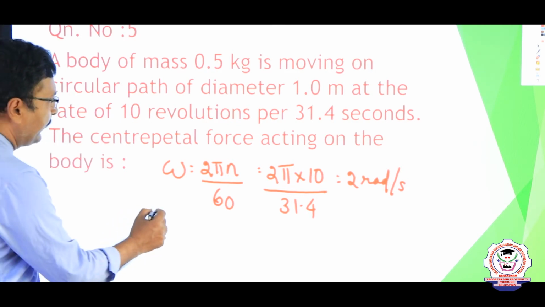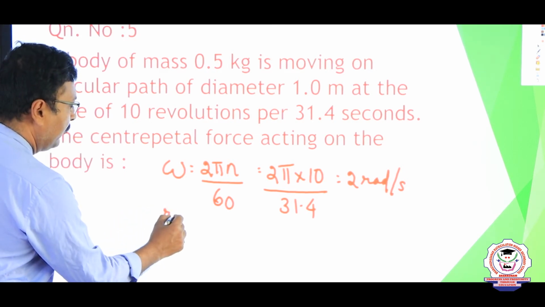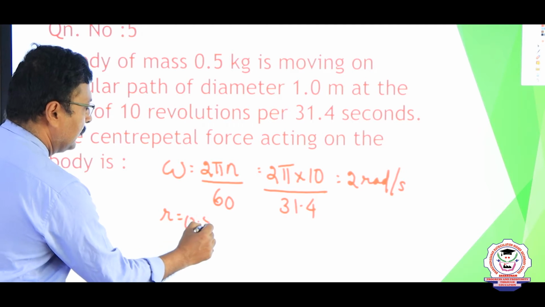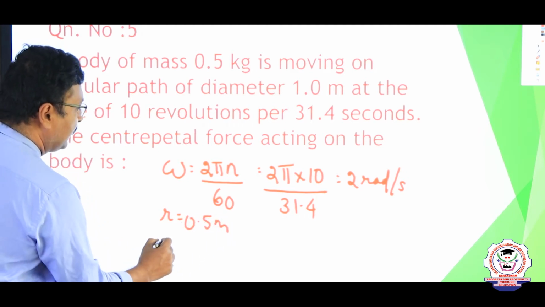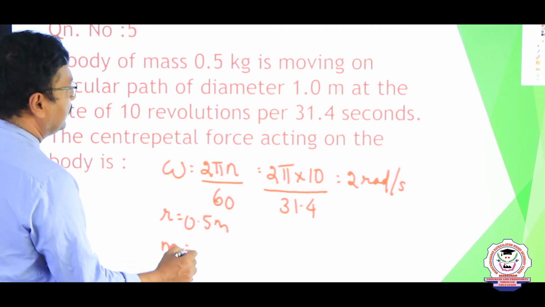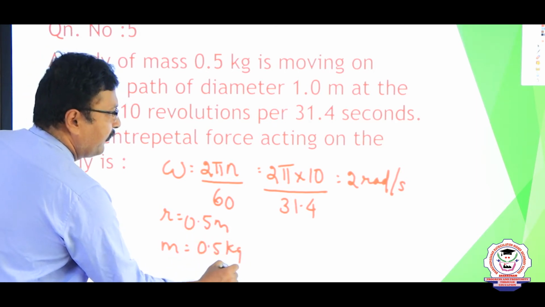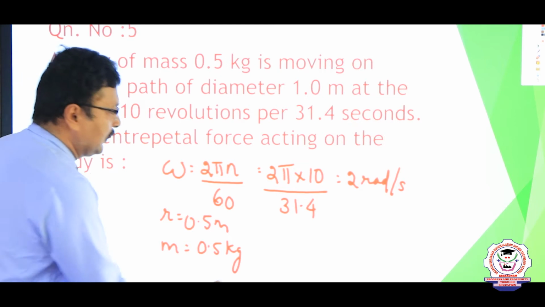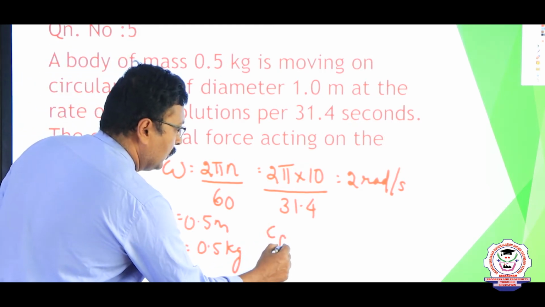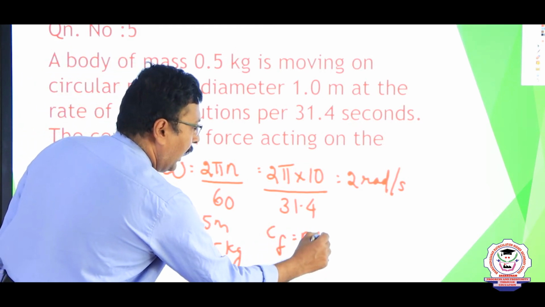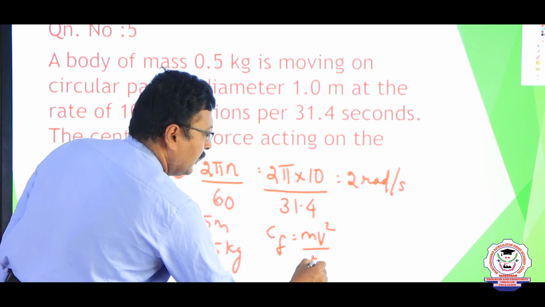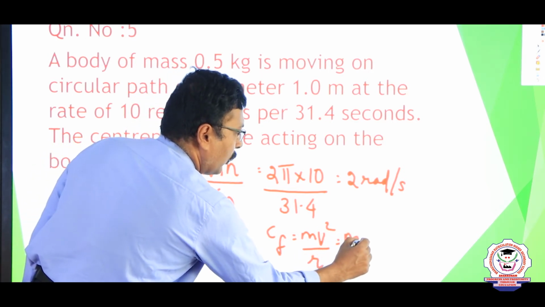You are given radius r is equal to 0.5 meter and mass is given as 0.5 kg. So what is the formula for finding out the centripetal force? Centripetal force is equal to mv square by r, which is also equal to m r omega square.